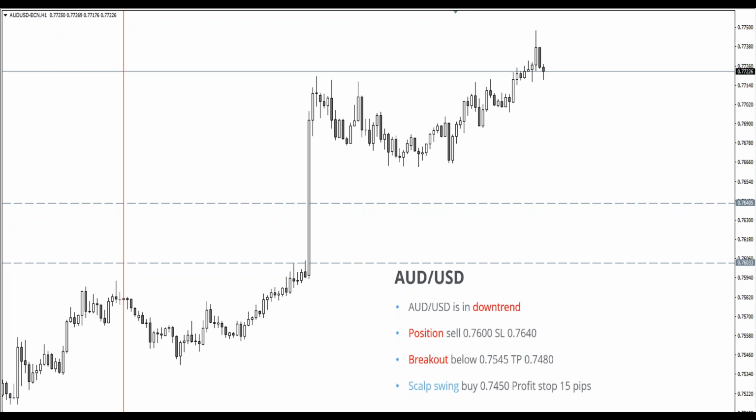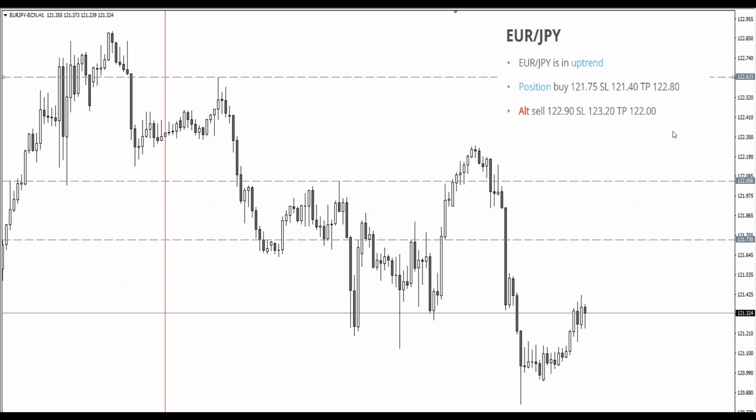You don't want to lose 100 pips or 150, you need to respect it. So even this loss was good because you see how sentiment and trend changed on Australian dollar.